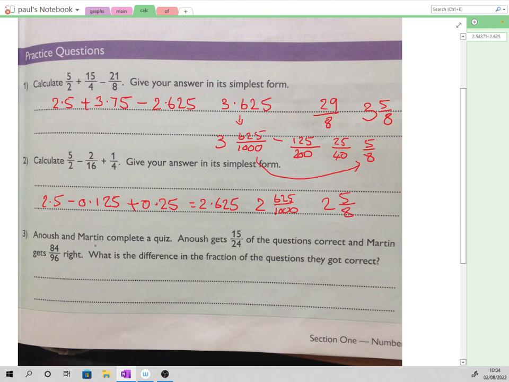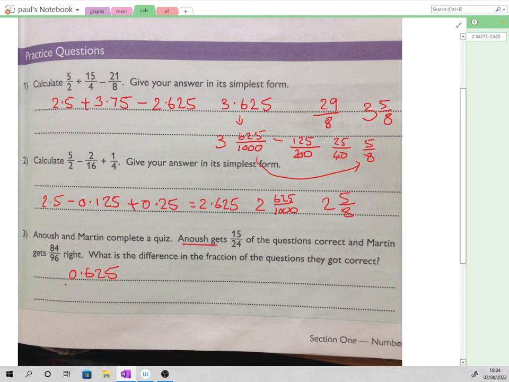Okay, Anoush and Martin complete a quiz. Anoush gets 15 out of 24 of the questions correct, and Martin gets 84 out of 96. What's the difference in the fraction of the questions? Right, so 15 divided by 24 equals 0.625. That's Anoush.